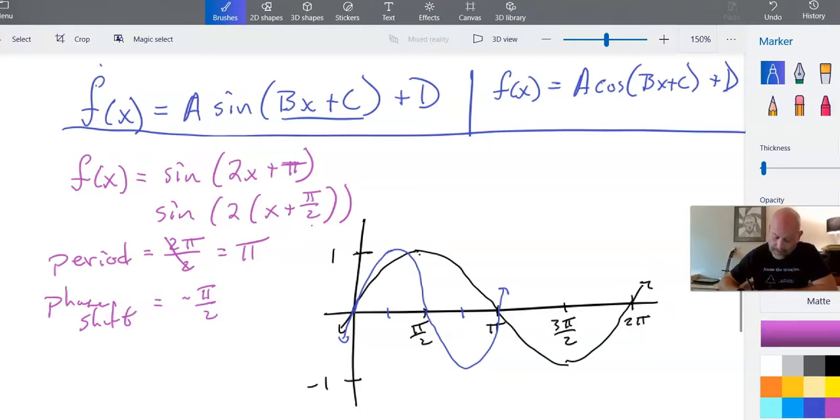Then we have to apply the phase shift, which means I move pi over 2 in the negative direction. So let's look at what's at pi over 2. It's right here. That means that's sliding pi over 2 this way to 0. So that means this curve goes all the way down to negative 1 here, back up this way, and it follows in the reverse order.